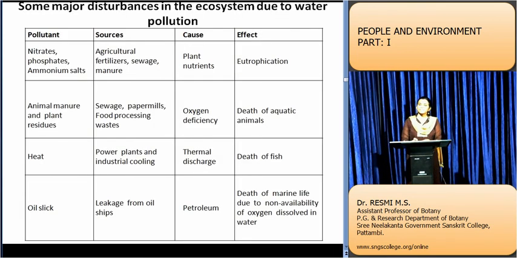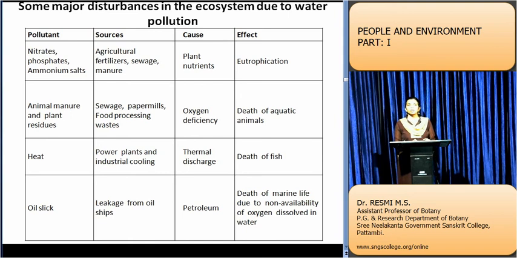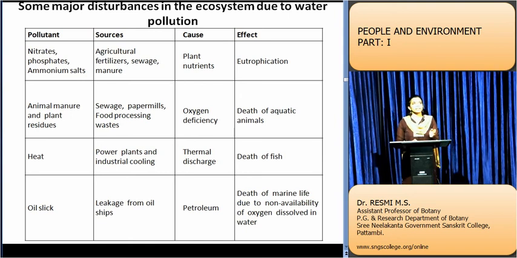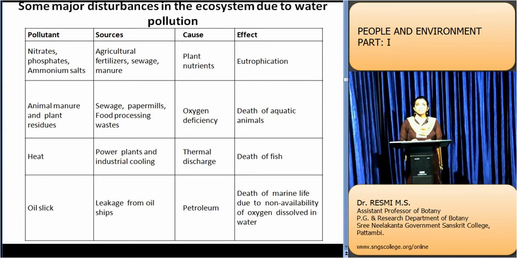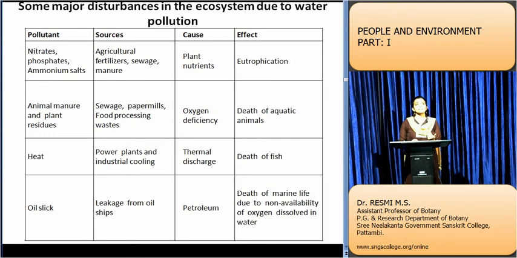So what are the major disturbances in the ecosystem due to this water pollution? I have categorized it as pollutant, sources, cause and effect. In pollutants, the major water pollutants are nitrates, phosphates and ammonium salts, which are components of soap industries, and they come mainly from agricultural fertilizers, sewage, manure.